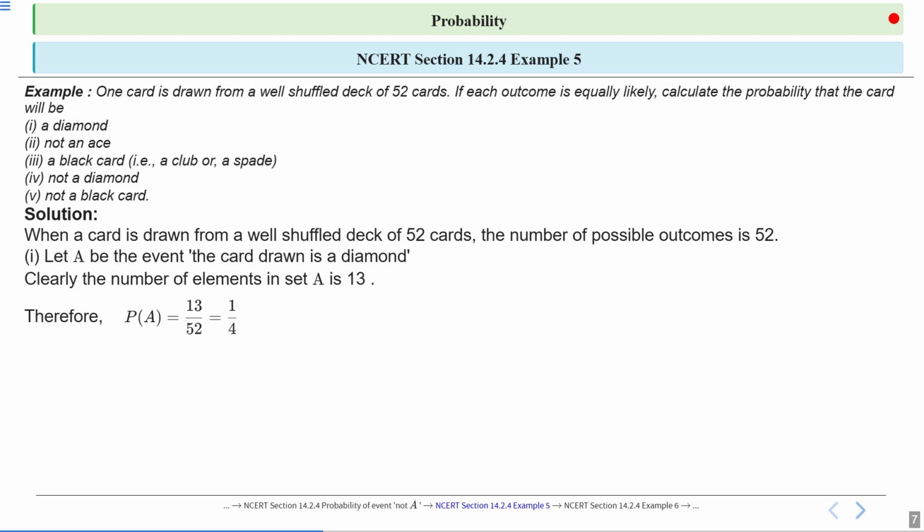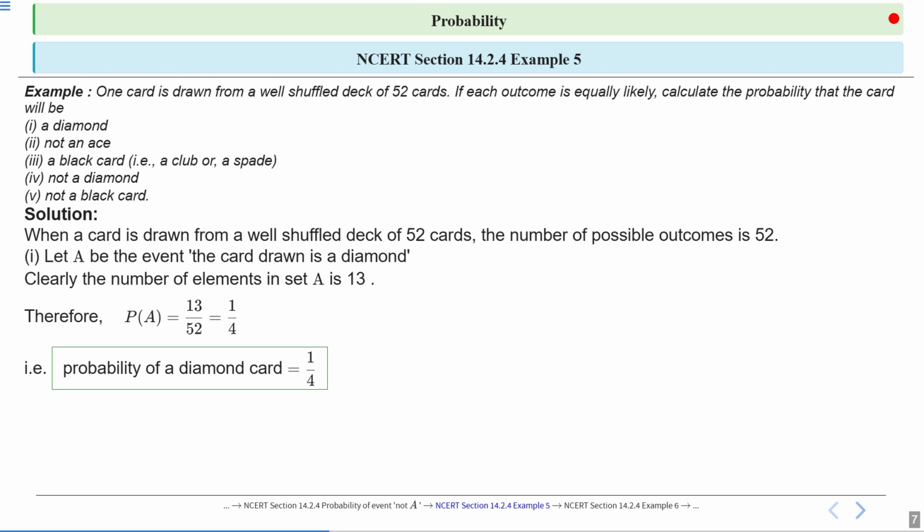Therefore, probability of A is equal to 13 divided by 52. You can simplify it, and we get 1 by 4. So the probability of the event A is 1 by 4. That is, the probability of a diamond card is 1 by 4.